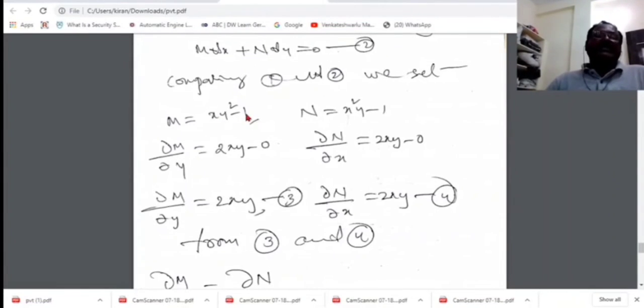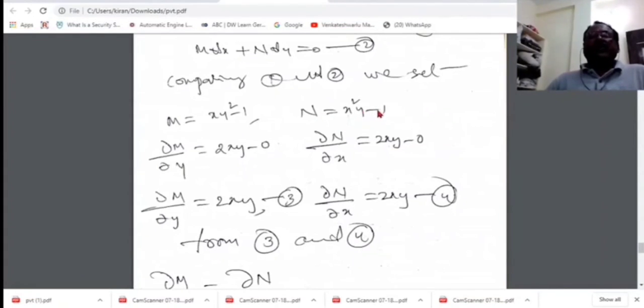Now, M is equal to xy² minus 1. Doing partial differentiation with respect to y, only y is a variable, other than y terms are treated as constant. So ∂M/∂y is equal to 2xy: x is constant, the derivative of y² is 2y, the derivative of minus 1 is 0. That is equation number 3. And the value of N is equal to x²y minus 1.